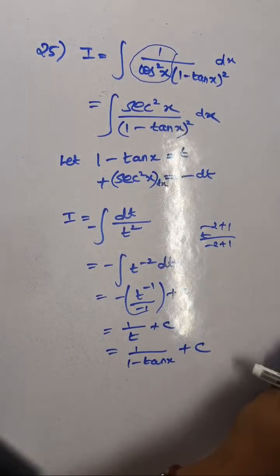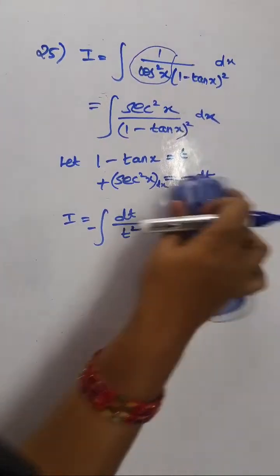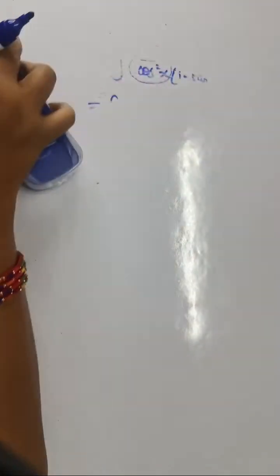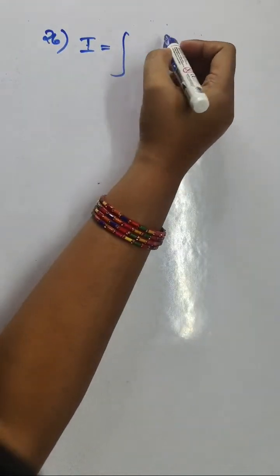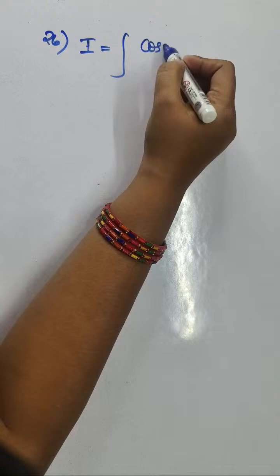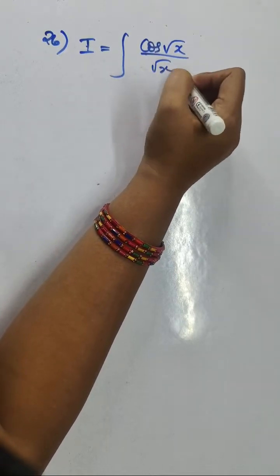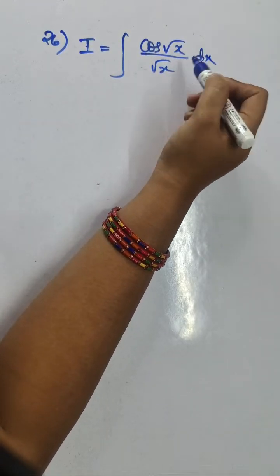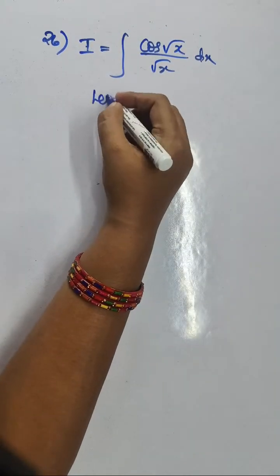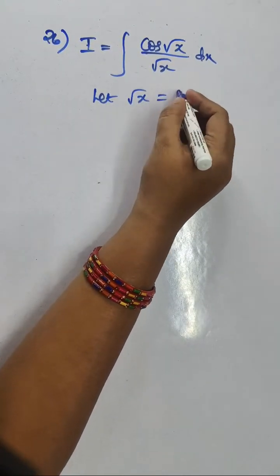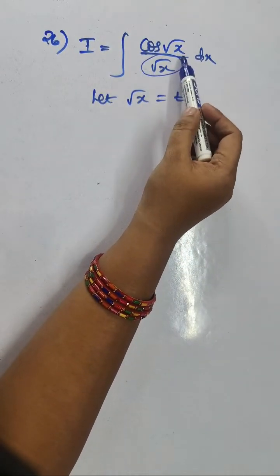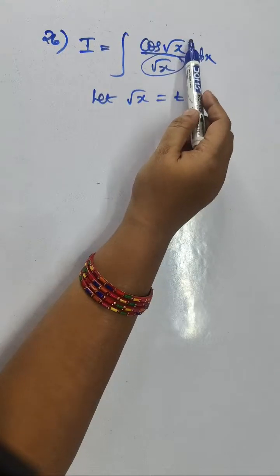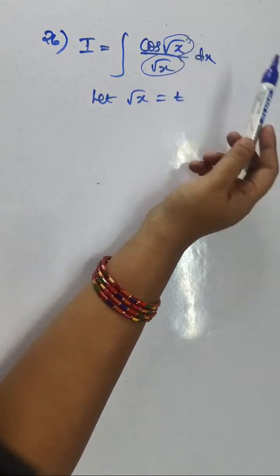Next, question number 26, I equal to integral cos root x by root x dx. Obviously, we will take root x as t so that it is easy for us to substitute, because you have root x in the denominator and root x as the argument in the numerator.